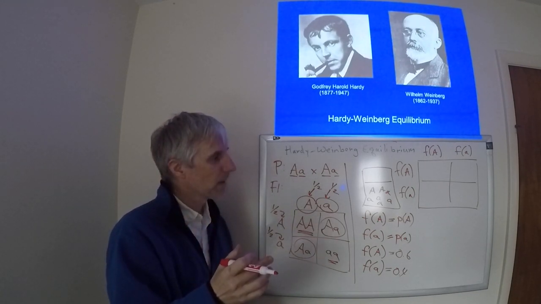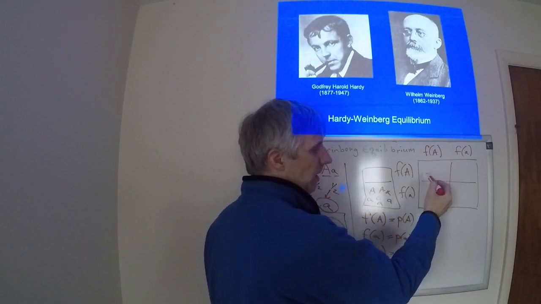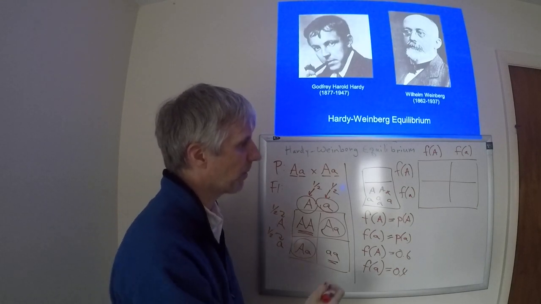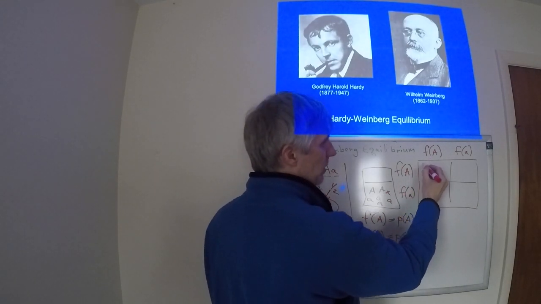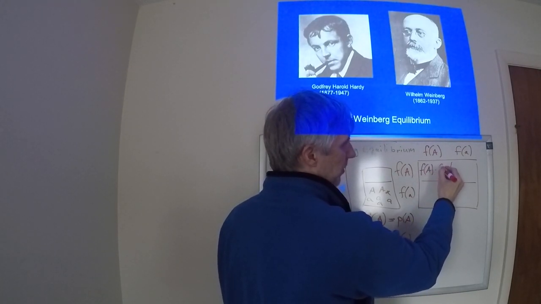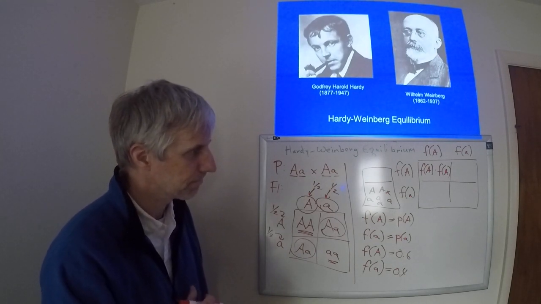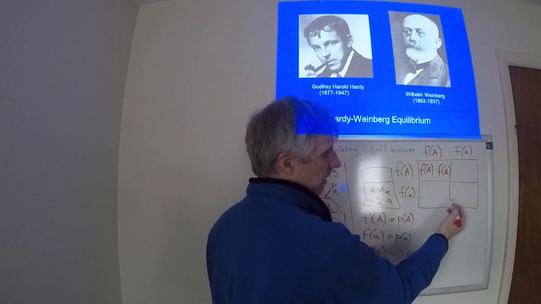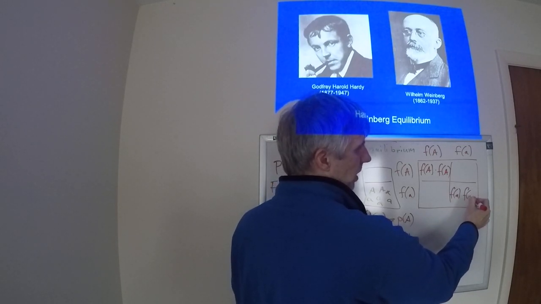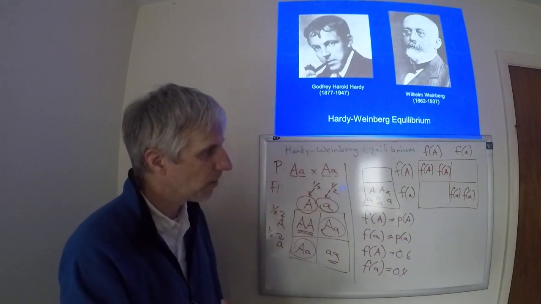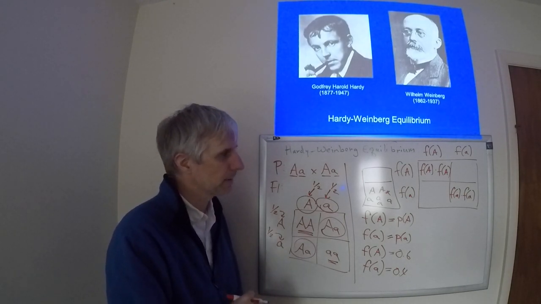Okay, so let's think about this purely mathematically. The probability of generating an offspring that's homozygous dominant is equal to the frequency of the big A allele times the frequency. And the probability of reaching into the bucket and pulling out two little a's is equal to the probability of pulling out that little a, which is the frequency, times the frequency.